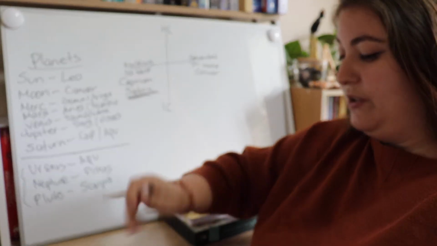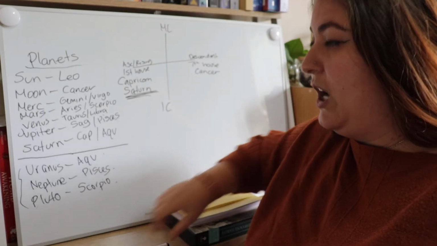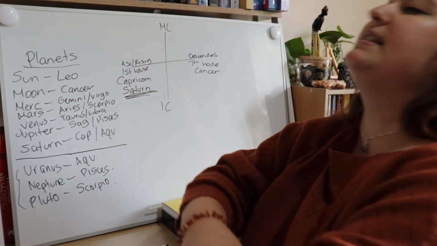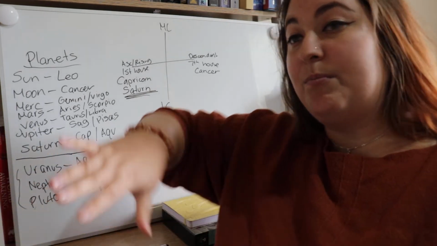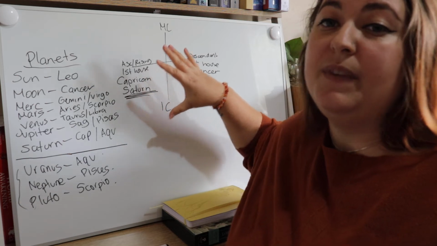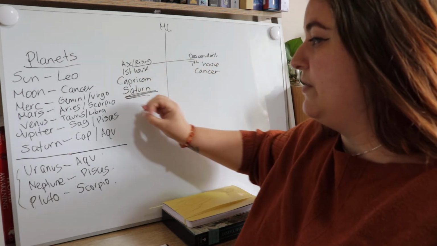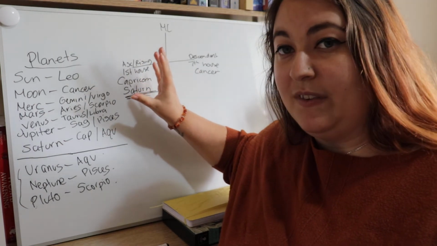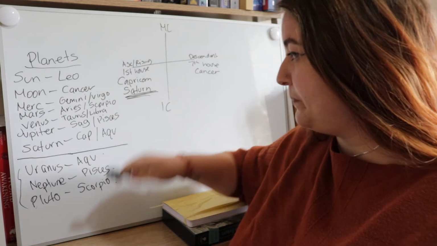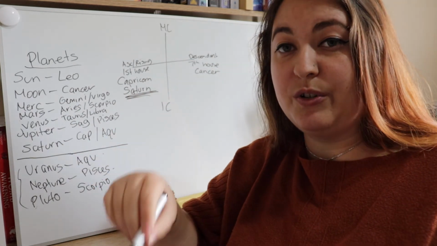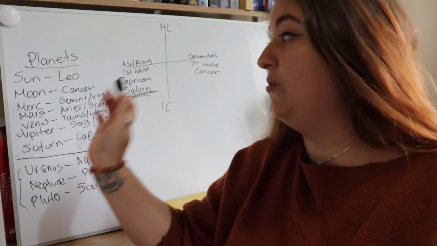What does that mean once you know what your chart ruler is? The chart ruler represents how every other component in your birth chart, every other planet, is going to filter through the energy of Saturn, for me, as an example. The next component you can look to is where your planet is situated.